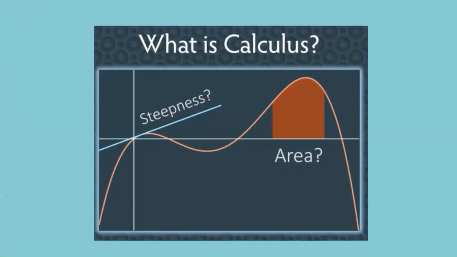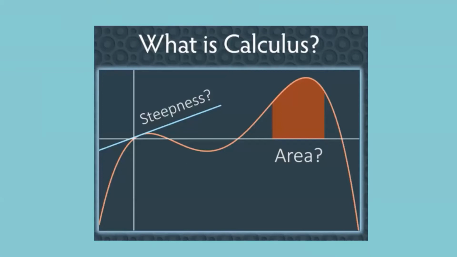Now I think you can see a graph here. It's visible, I think. There is an irregular shape and a line. Let me ask you 2 questions with this diagram. The first one is, how steep is a function at a point?